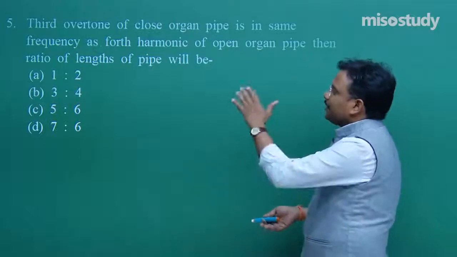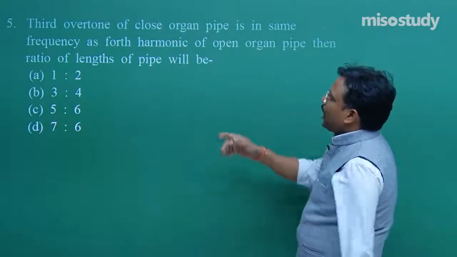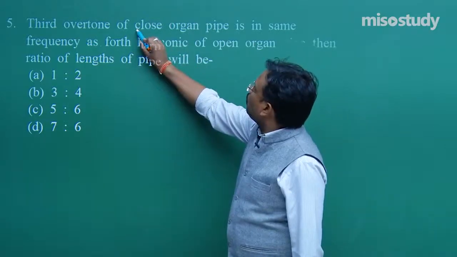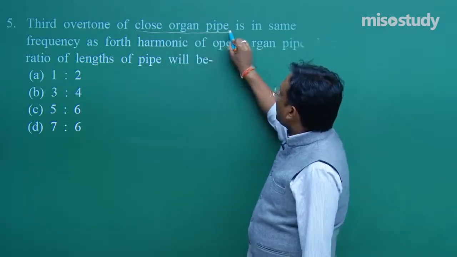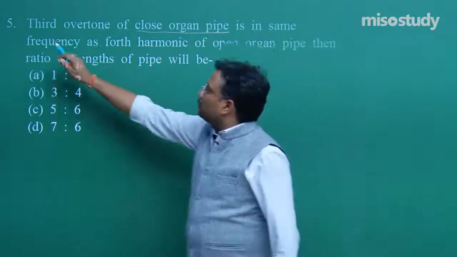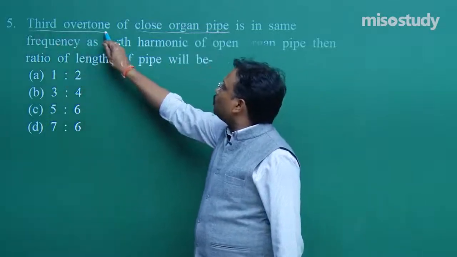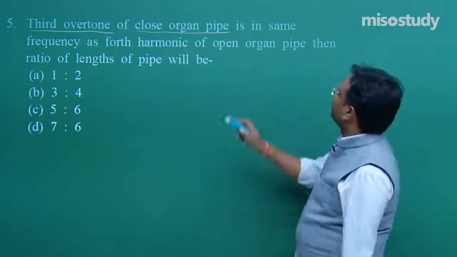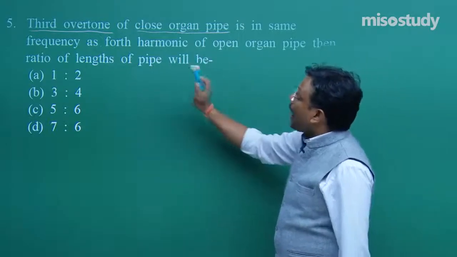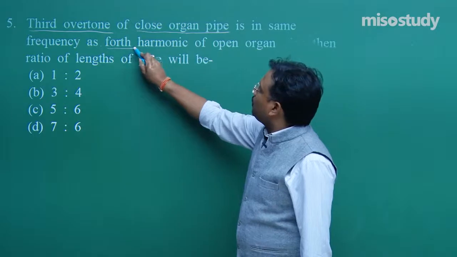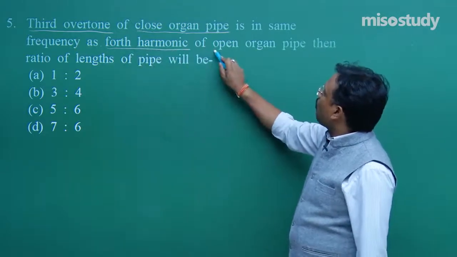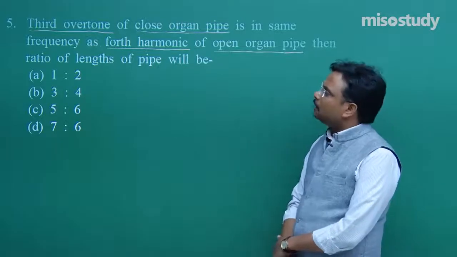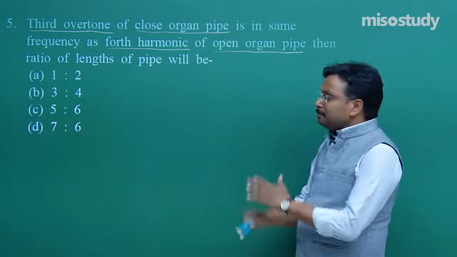Okay, so let us start analyzing this question. Third overtone of closed organ pipe. Closed organ pipe, important aspect. Third overtone, these two words will decide our further action. It has the same frequency as the fourth harmonic of an open organ pipe; find the ratio of lengths of the pipes.